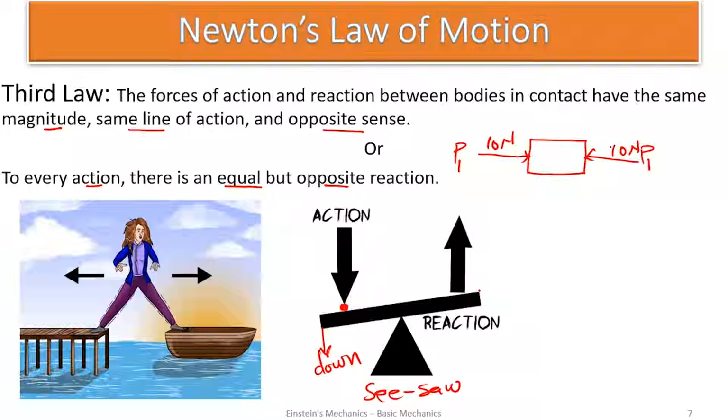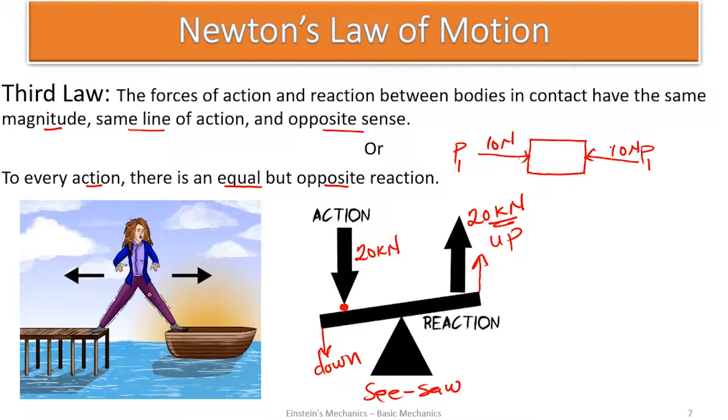The opposite force will try to pull this up, because this one is coming down and this will be up. If this force has 20 kilonewtons, the upward force is the same 20 kilonewtons, which is interesting. So this is the third law: to every action. So let's assume I want to push. Let's look at this diagram.